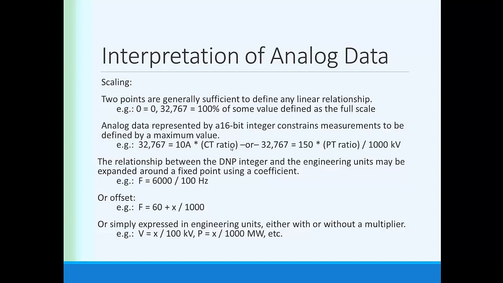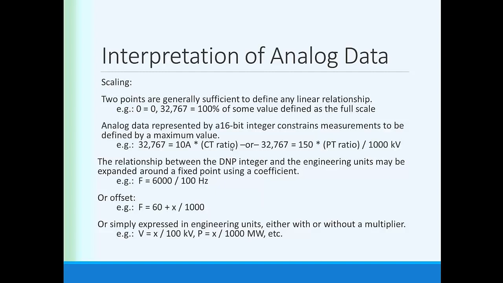That leads us into the idea of primary engineering units. Some relays, some meters, some panel meters, some IEDs will actually say, okay, I'm not going to be reading in volts and amps, but I might be reading in kilowatts and megawatts, or kilovolts. I know that I'm never going to exceed 15, 16 kilovolts on this distribution line. I have 16,000 counts available to me in a 16-bit 2's complement number.